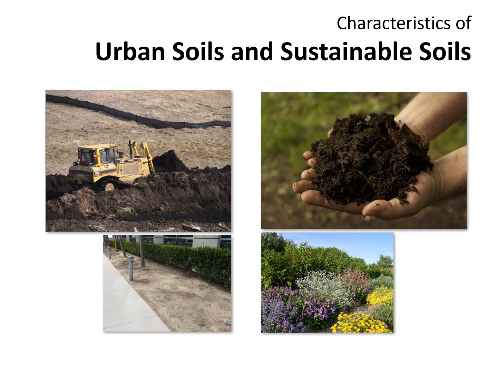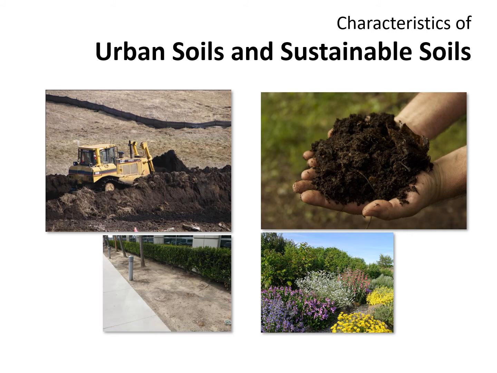In urban soils, we tend to have a lot of compaction, a lot of times due to our past construction practices. This is an example of an actual project site post-construction, and you can see how compacted that soil is, and the plant material did not take the first time.